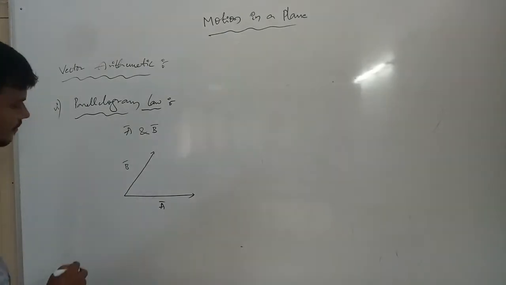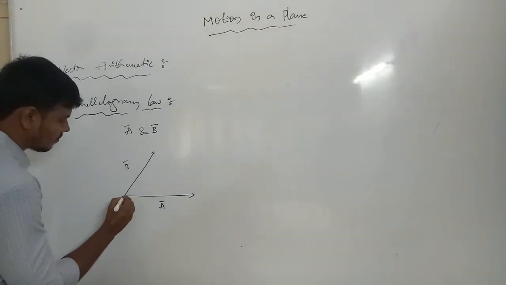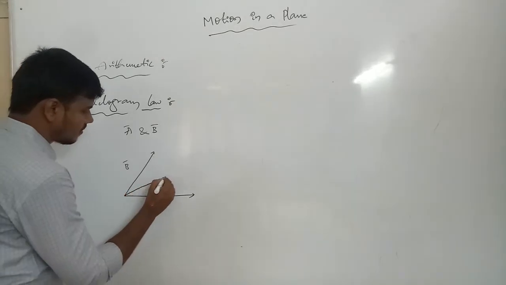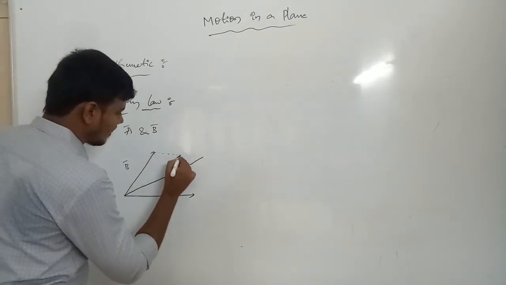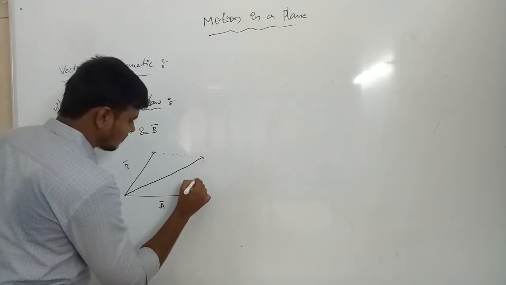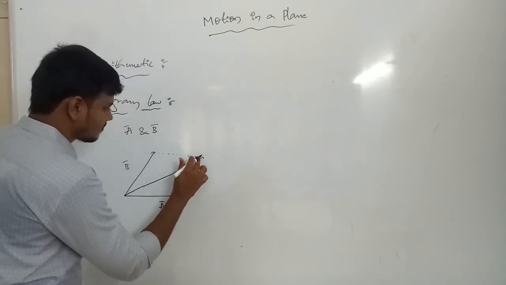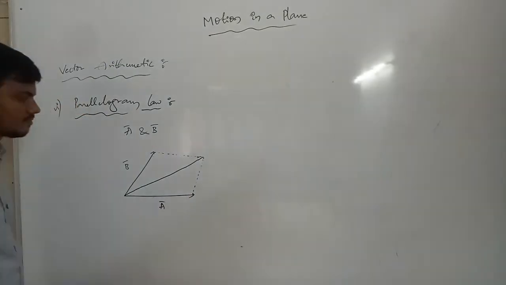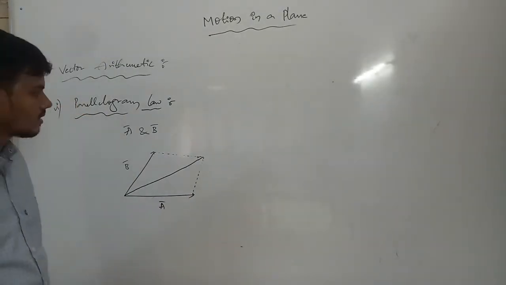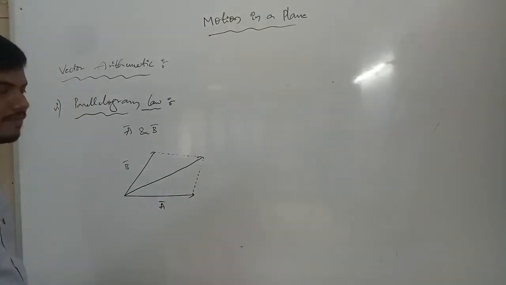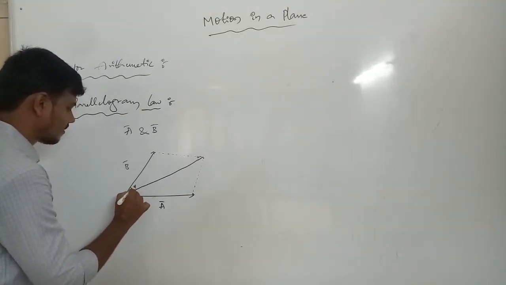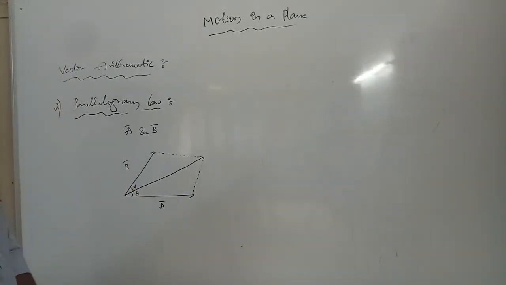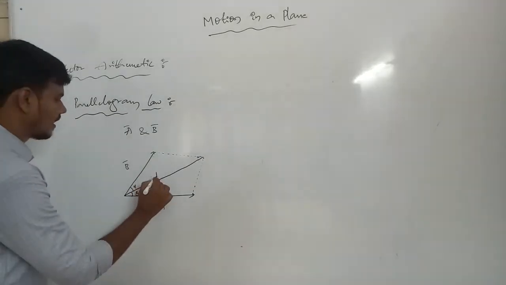The diagonal passes through this direction. This is parallelogram law. We have theta, and the second one is R, the resultant of A bar and B bar.